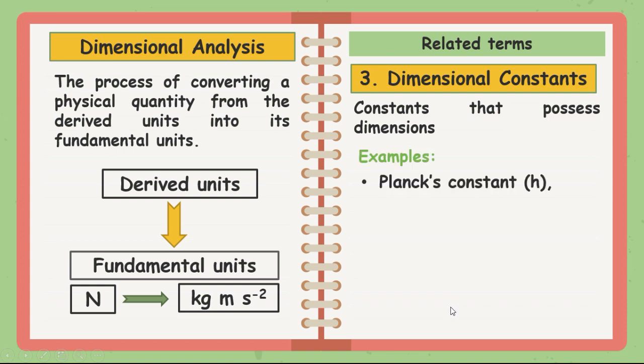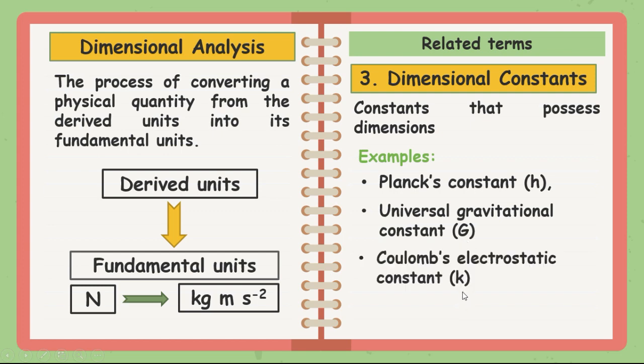Examples are Planck's constant h, the universal gravitational constant G, Coulomb's electrostatic constant k, and the Stefan-Boltzmann constant. So all of these, though constants, have dimensions, and you will see all of this in subsequent videos.